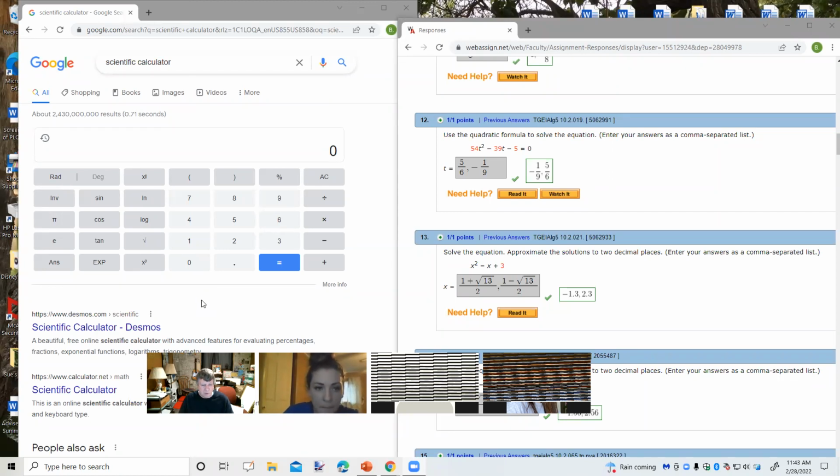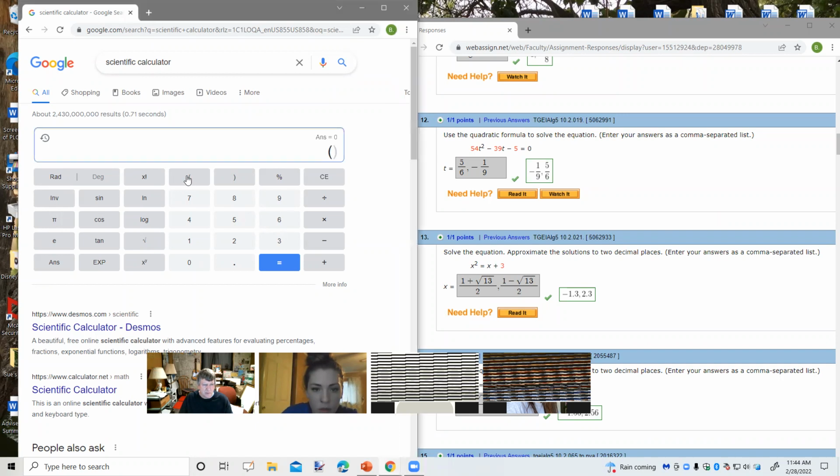Okay, so what we need to do is we need to quantify the entire numerator. So we're going to go parentheses, 1, plus, the square root of 13.